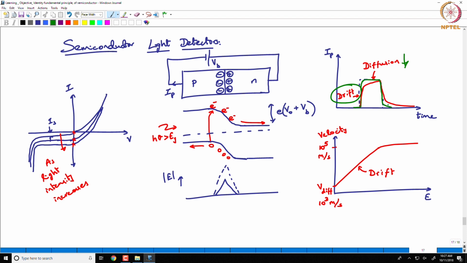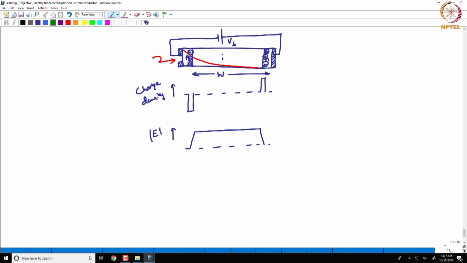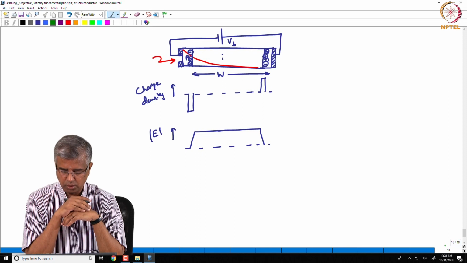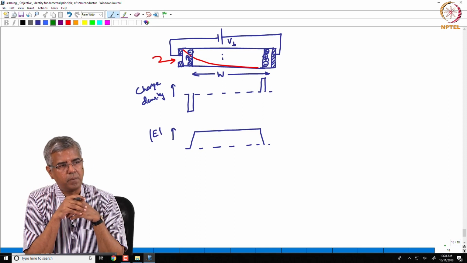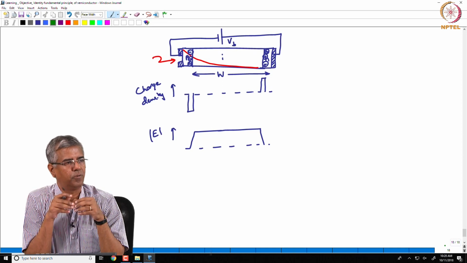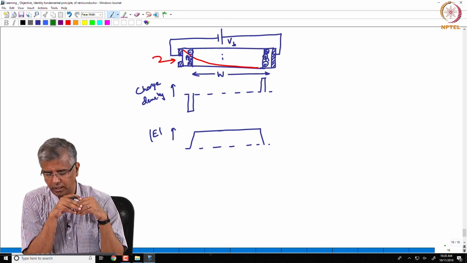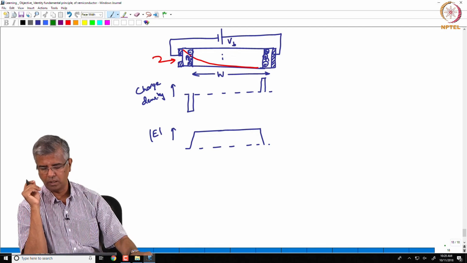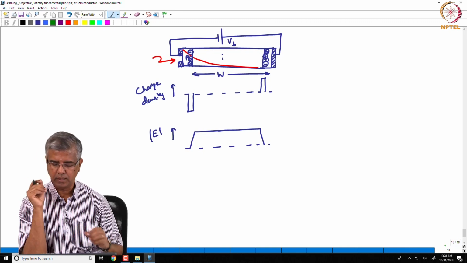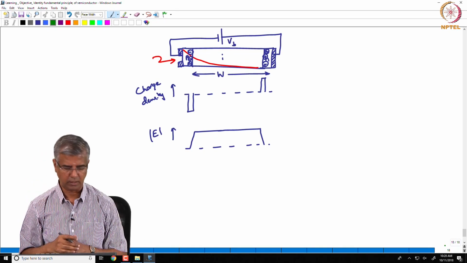So this will be the response of a PIN structure, right. So that's what we are talking about. And then of course what we are also saying is that by changing the width of I, you can actually show how the power is getting absorbed across that structure.